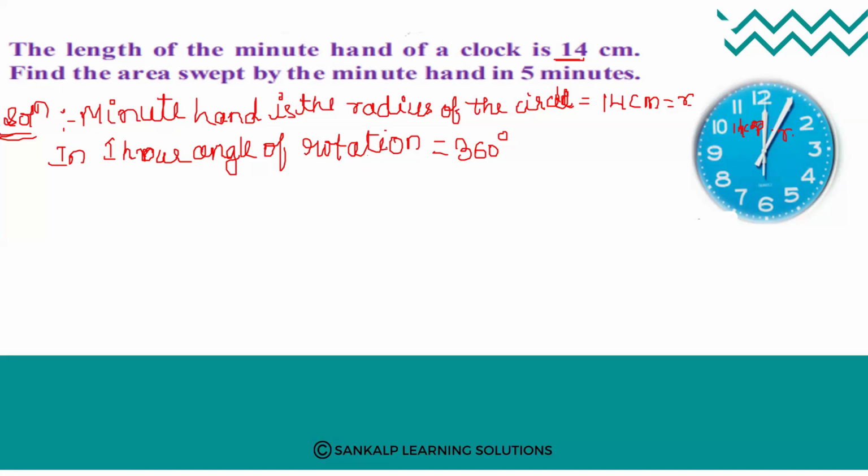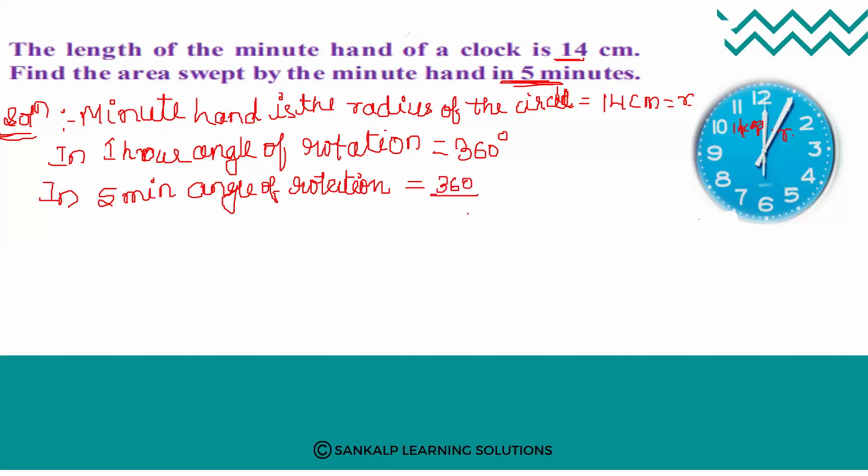Next, the angle of rotation in 5 minutes. In 1 hour, it is 360 degree, so we want it in 5 minutes. The angle of rotation is 360 degree divided by 60 minutes, into 5 minutes.